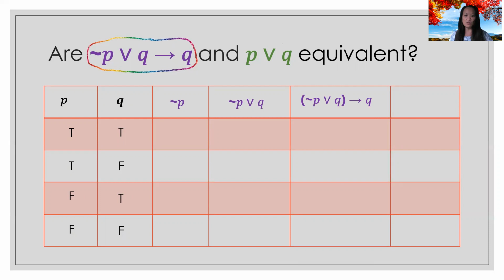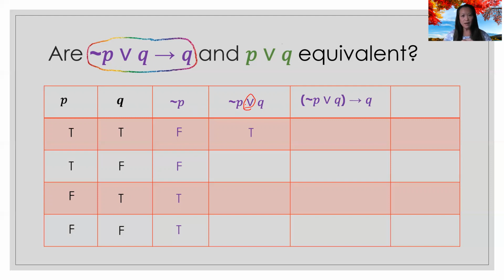Let's deal with the truth table for that first statement. And then we're going to look at the second statement, P or Q, and see if they are equivalent. Okay, so not P means the opposite truth value of P. So we have false, false, true, true. Now, not P or Q. Okay, so we're looking at the connective or.